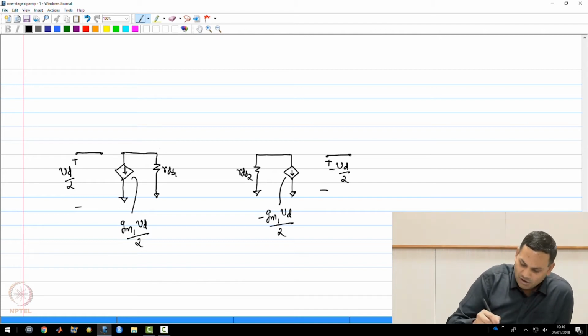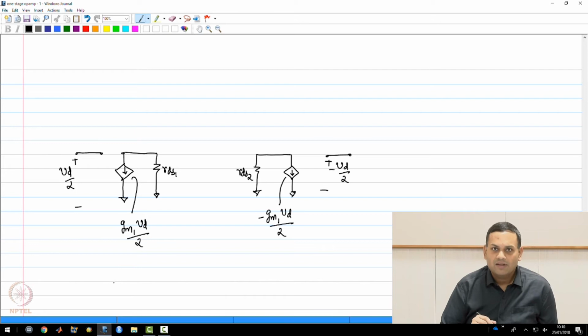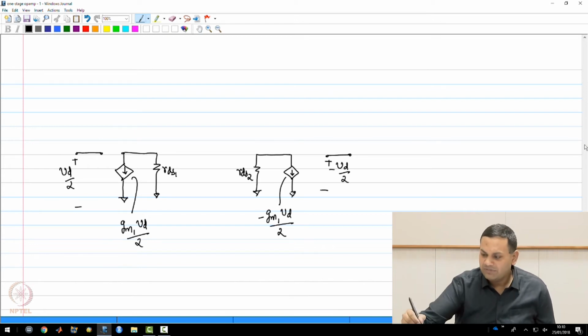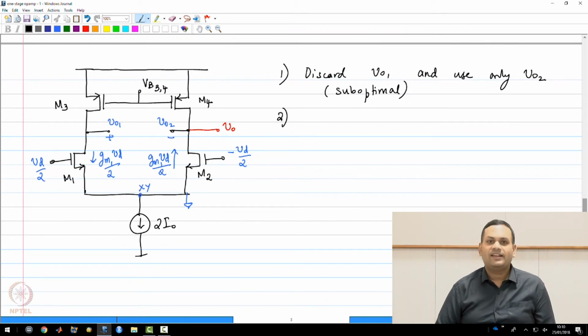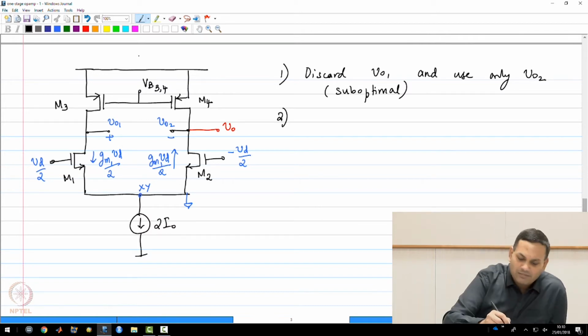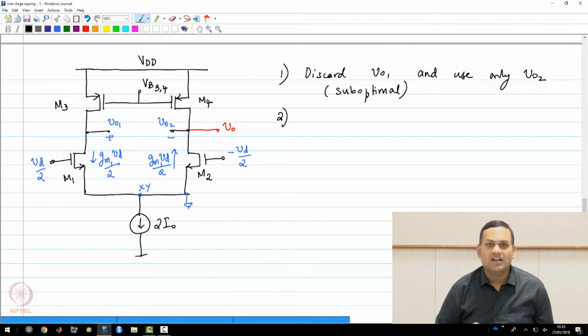So the drain of M1 is now connected to M3, and as we know, M3 only has a bias voltage at its gate. So this PMOS transistor will not have a gm component. Its gate and source are connected to small signal ground.